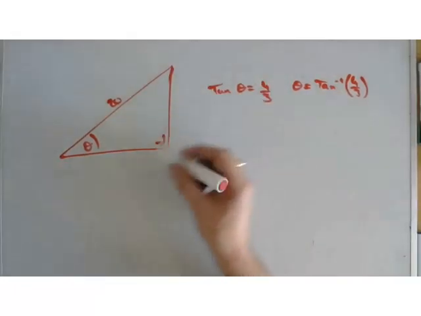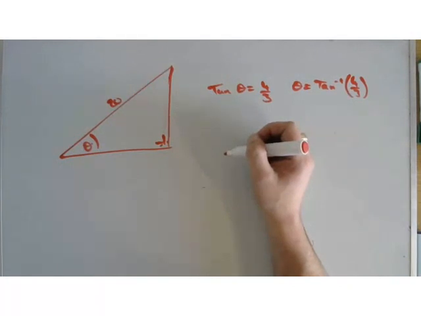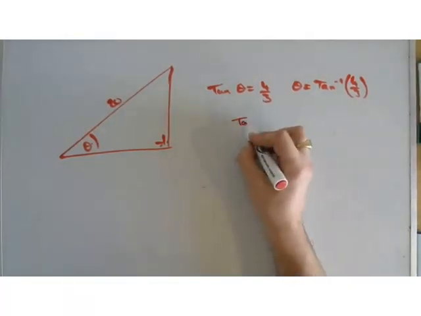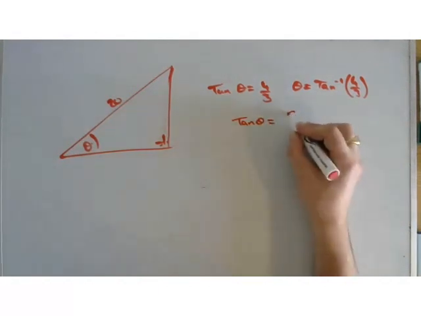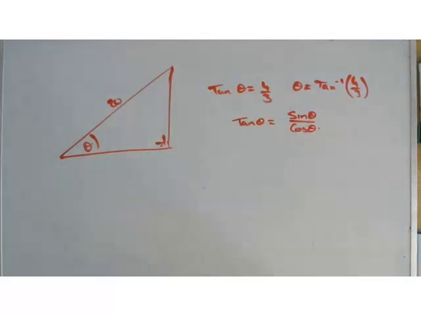Now, I know that this is a 3, 4, 5 triangle. Okay, and the way you need to think about it is this. Always think tan of theta is sine over cos. Tan is sine over cos. That's always true.